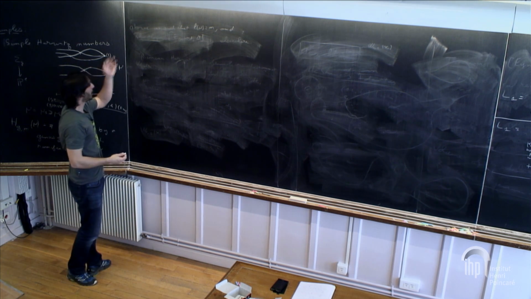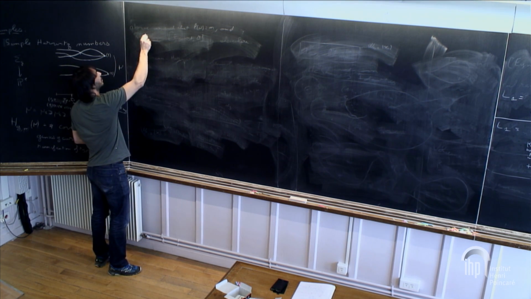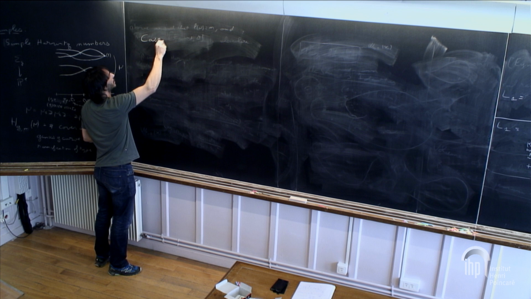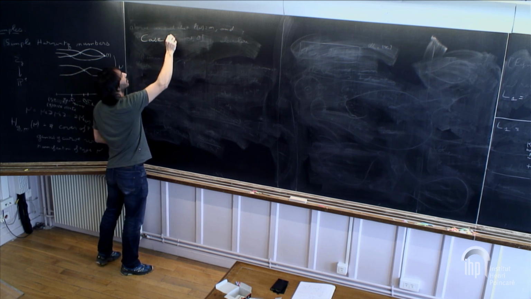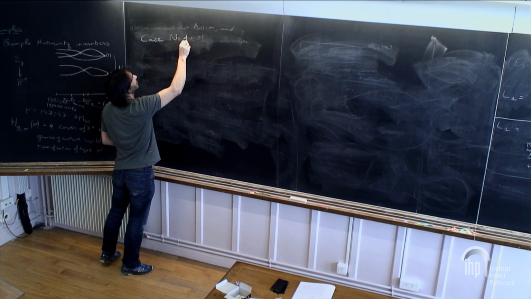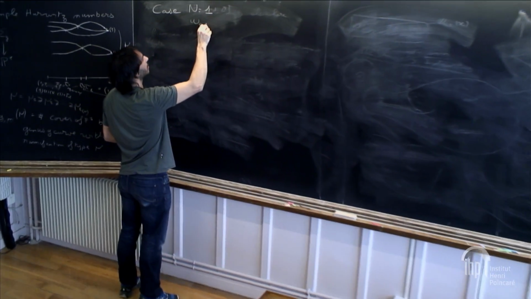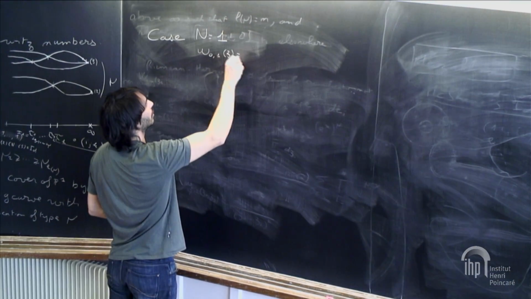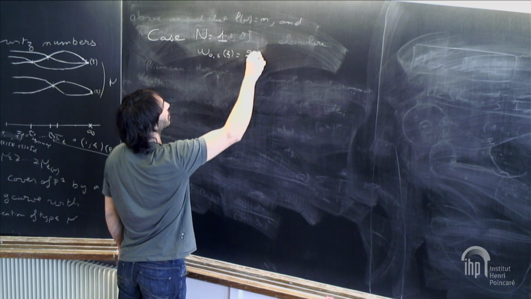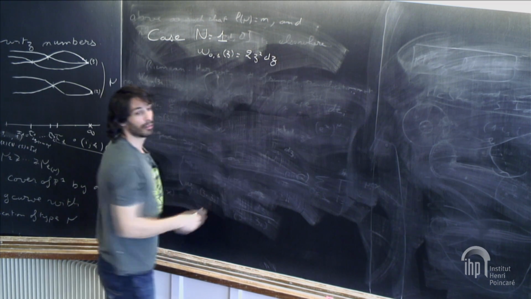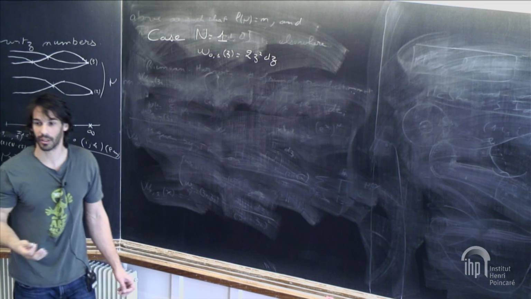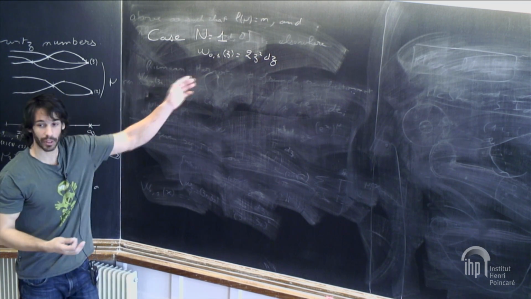And for doing so, what I will do is just consider the very simple case where I've got just one branch point, n equal 1. I take omega 0,1 of z to be equal to 2z squared dz. So all the h_k's which I introduced earlier are vanishing, except the first one, which is equal to 1.